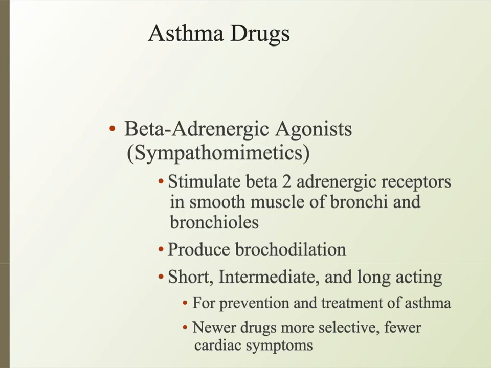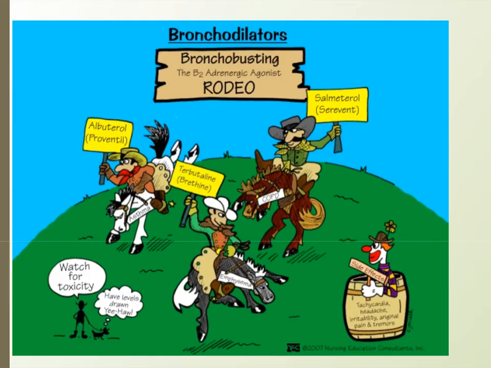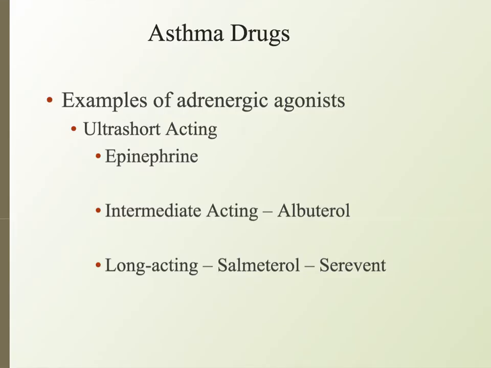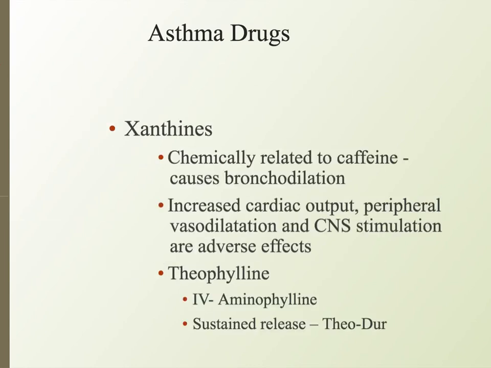Okay, so I don't have a lot of time to go through each of these different meds. So make sure you're looking at your pharm notes, what a beta-adrenergic agonist is. Here's a nice little cartoon on bronchodilators. Epinephrine, adrenergic agonist. Once again, look at your notes. Okay, once again, xanthines.